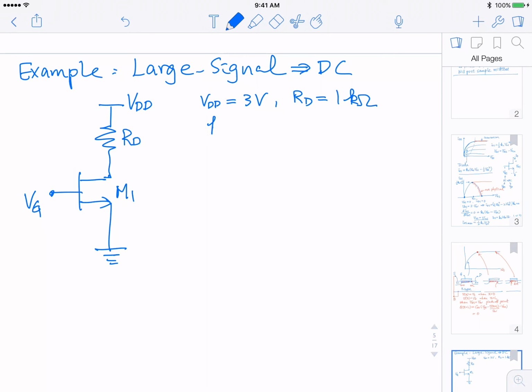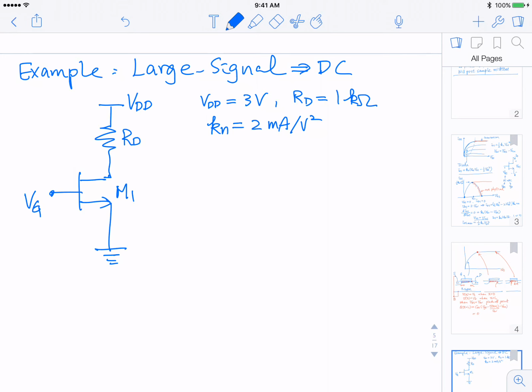And we can assume Kn, that's the parameter for the drain current, is equal to 2 milliamp per volt square. So the unit for Kn is amp per volt square.